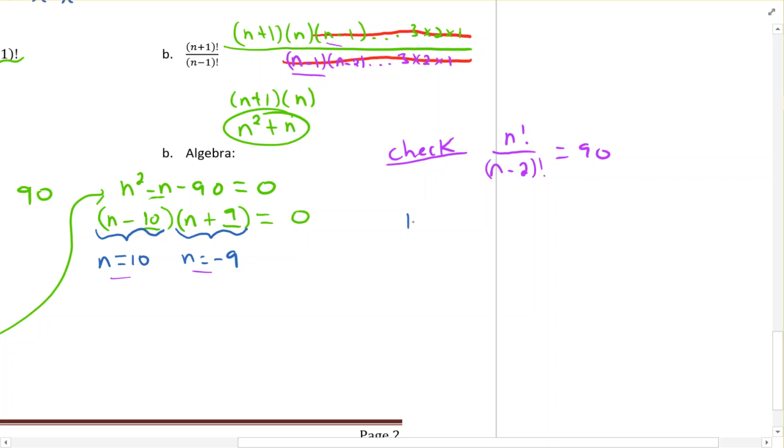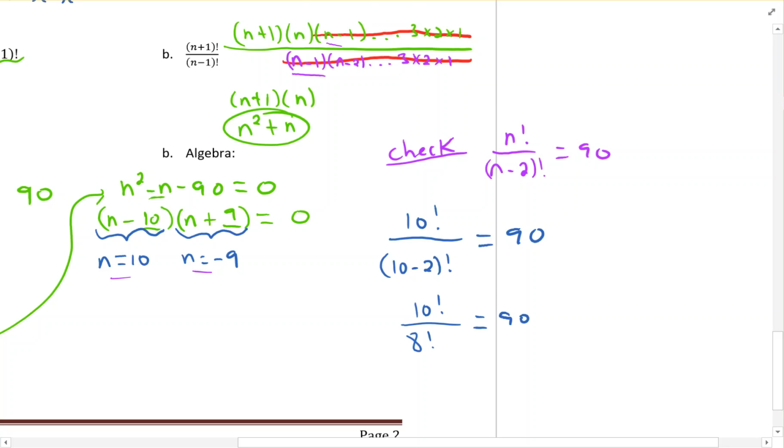So if I went 10 factorial over 10 minus 2 factorial, that's supposed to equal 90. Let's just keep working our way down now to see if it does equal 90. So 10 factorial up top over 8 factorial is equal to 90, is what it's saying.